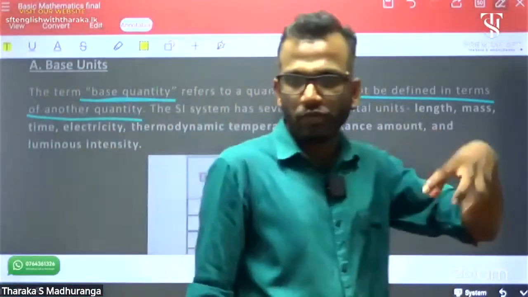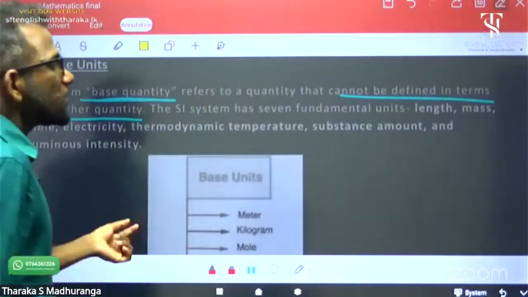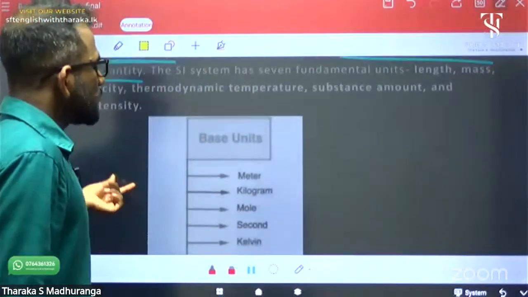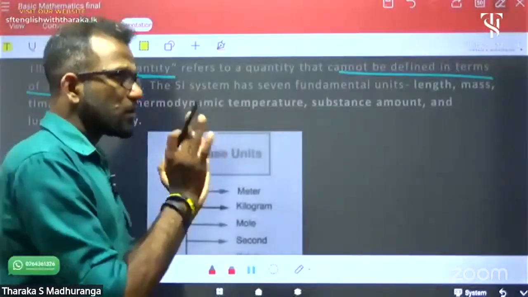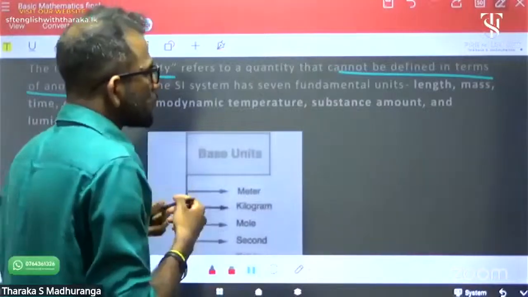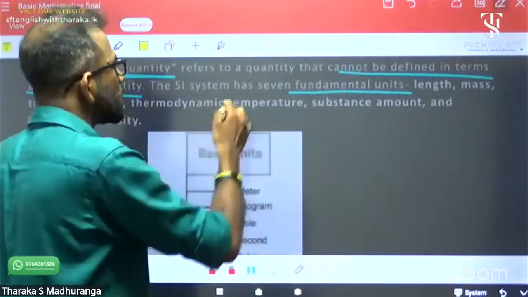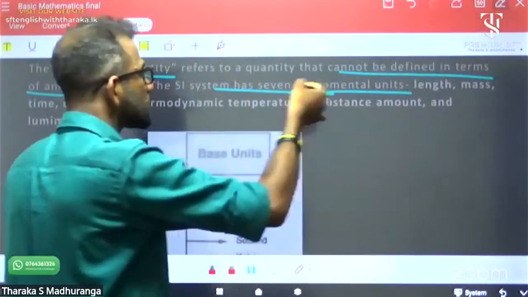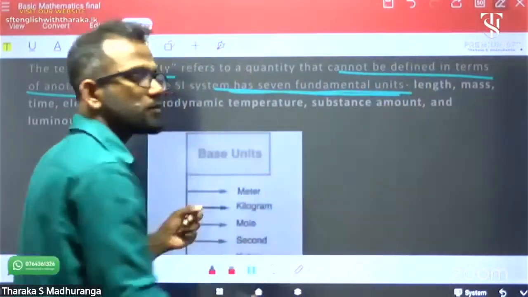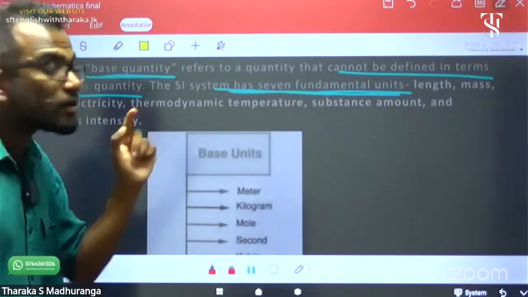I will explain when we discuss derived quantities, and you can understand the difference. According to international standard, there are mainly 7 base fundamental units.